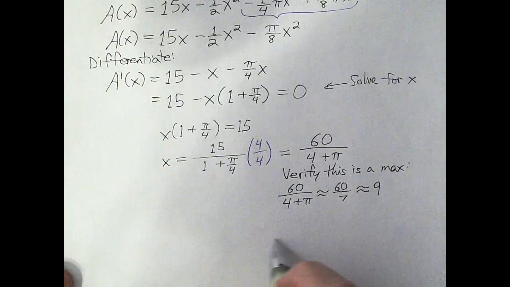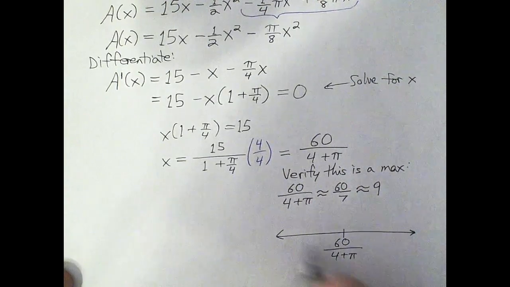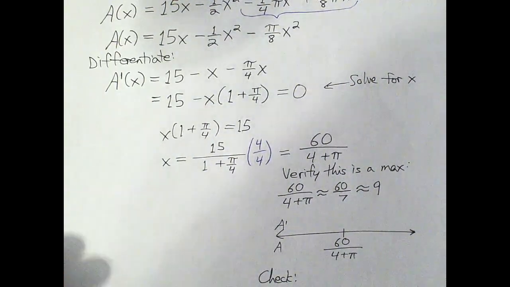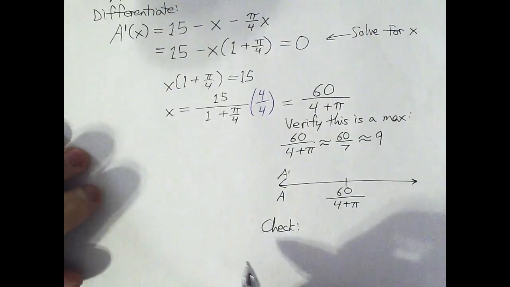That's really what matters. So in my little sign chart here, I'm going to put 60 over 4 plus pi. I'm going to put A prime, and we're going to check x values. Again, I feel like x has to be positive. Looking at the diagram, looking at the picture, x can't be 0 or negative.